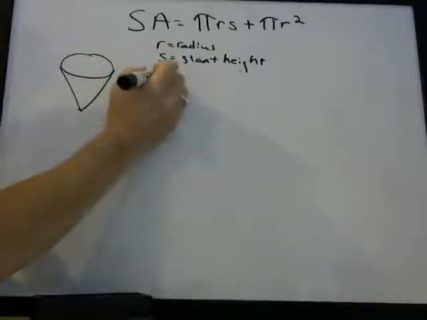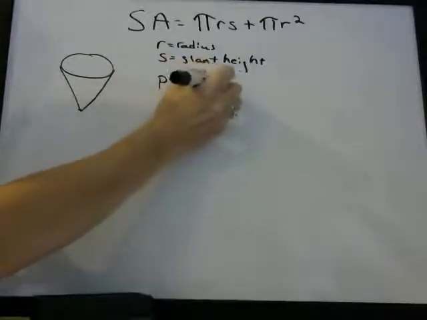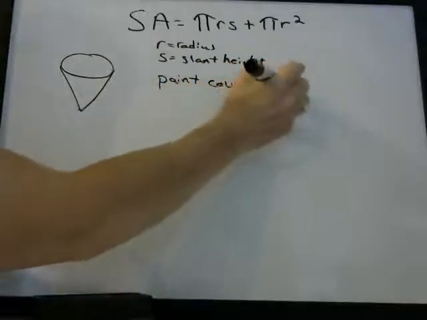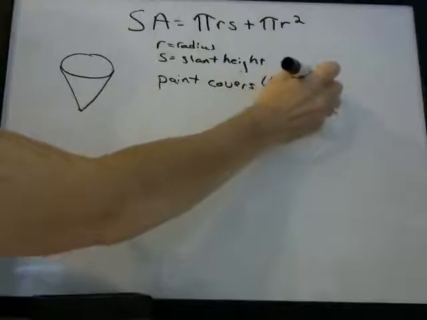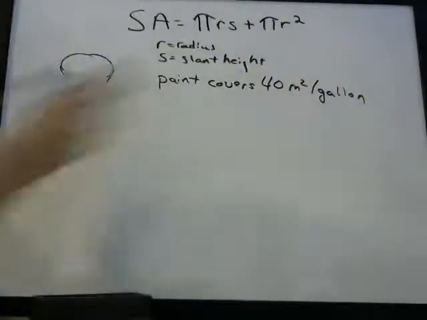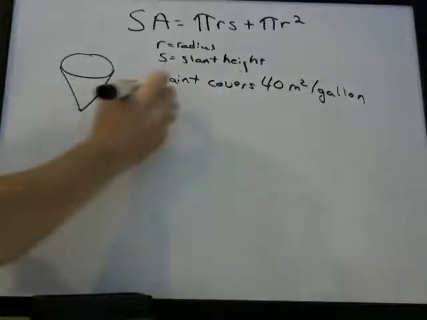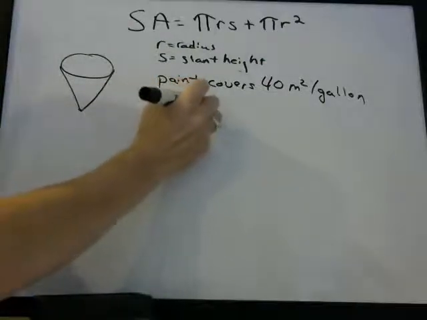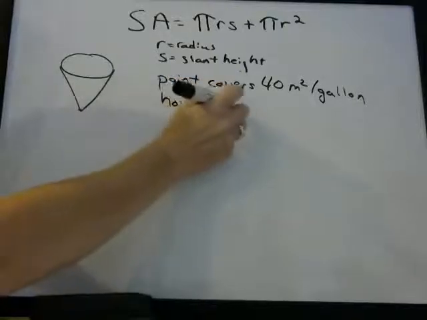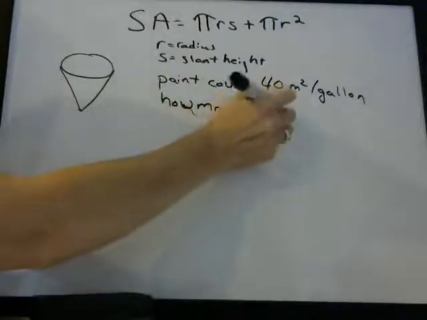And 1 gallon of paint covers, we'll say 40 square meters per gallon. So each gallon of paint, you can paint 40 square meters. How many gallons do you need?